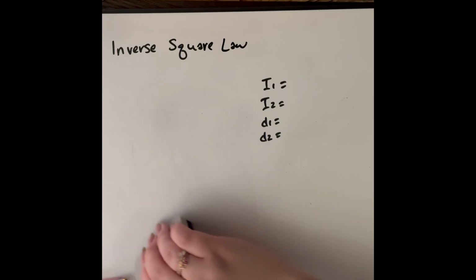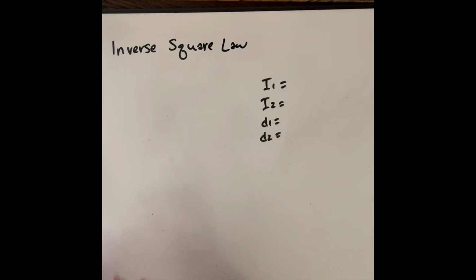So let's see here. I think I did the middle one in class. So let's do the first one. If the radiation intensity measures 5 MR at 40 centimeters, what would be the intensity of radiation at 20 centimeters?